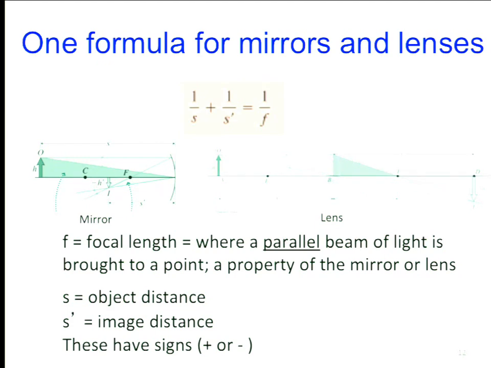Just remember the standard case, and if anything comes out wrong, peculiar, it's the wrong sign, the opposite sign. Or you could have a mirror that looks like this, a so-called convex mirror. Here, it's not like that, so this would be a negative mirror. And it always will create an image on this side. So that'll be negative too.